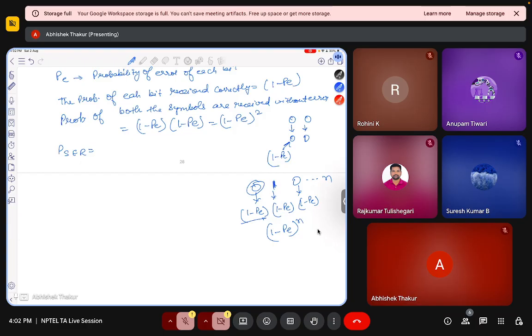So this is the probability that both the bits are received without error. Now, the probability that one or both bits are received incorrectly: the symbol error rate is the probability that either one bit or both bits are received incorrectly.